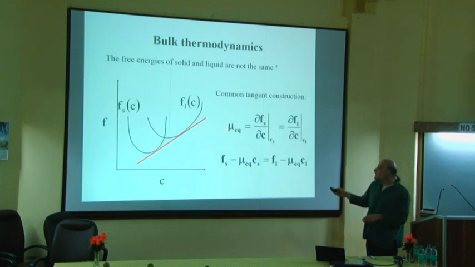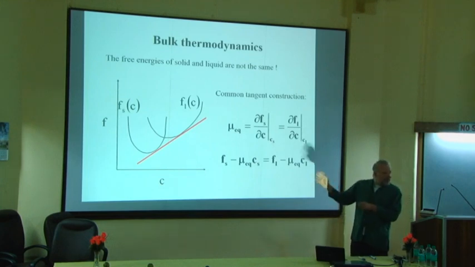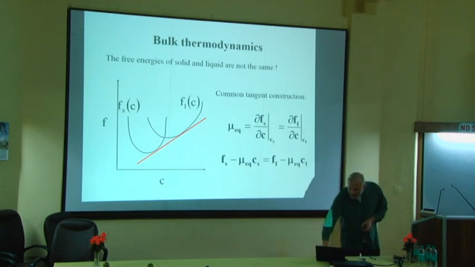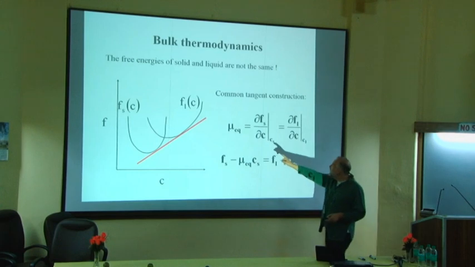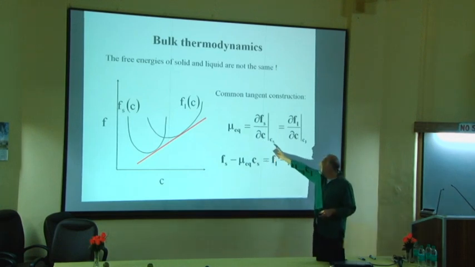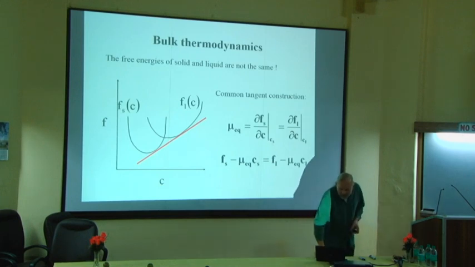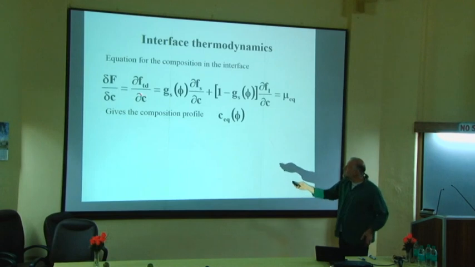So the equilibrium value of the chemical potential is given. Okay? Now the difference between a thermodynamics calculation and a phase field calculation is actually that this equation must be valid not only for the bulk compositions, but it must be valid through the entire interface. Okay? And this is what is expressed by this equation.